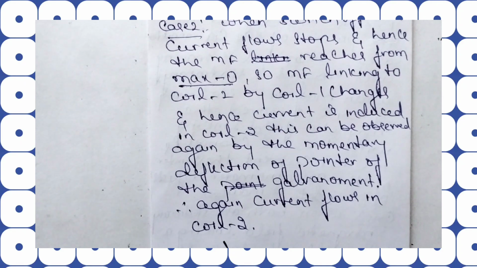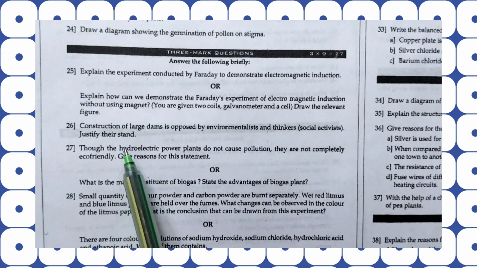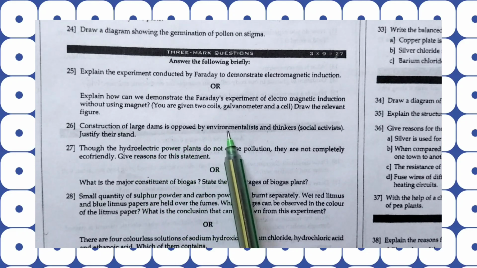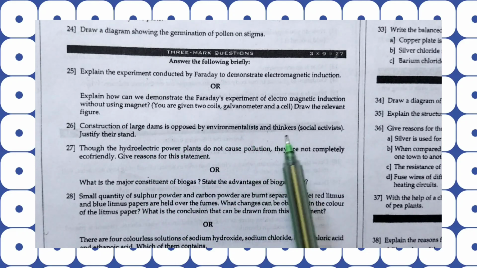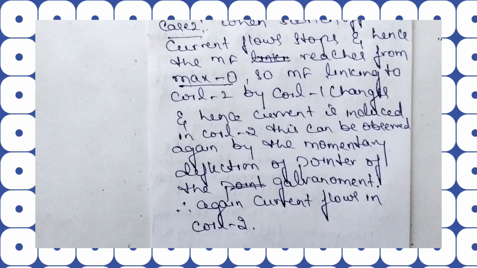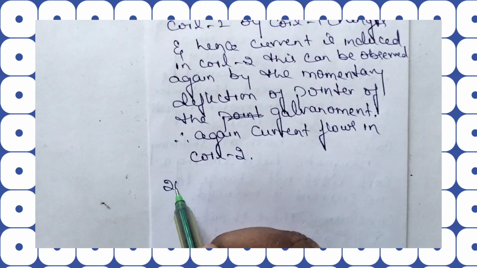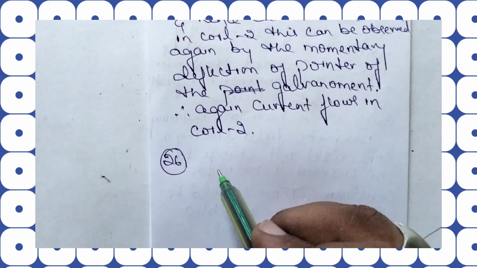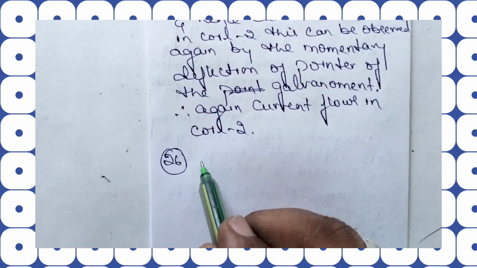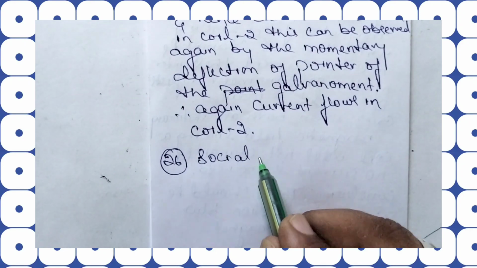So like this we have to answer this question. Now let us move to the next question, that is the 26th. Construction of large dams is opposed by environmentalists and thinkers. Justify their stand. We have to answer in 3 points. So 26th question: construction of large dams leads to 3 types of problems.